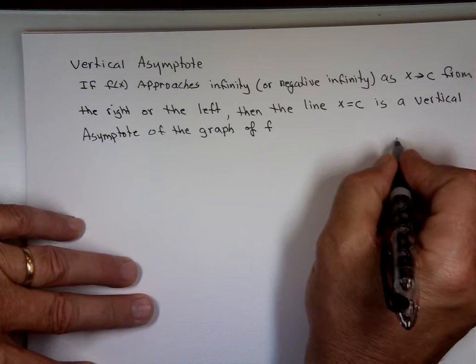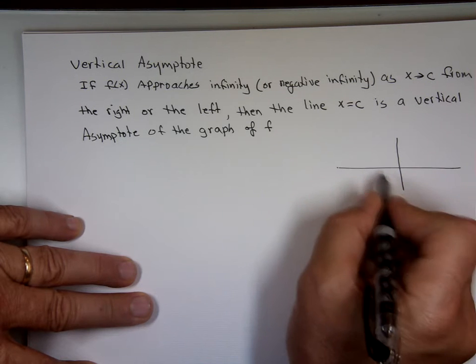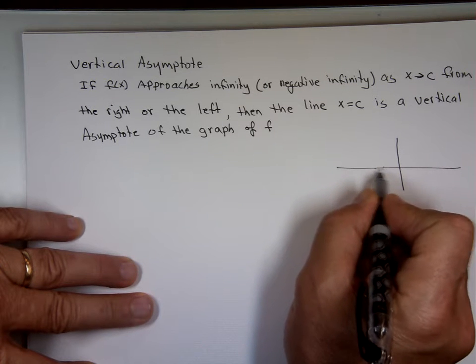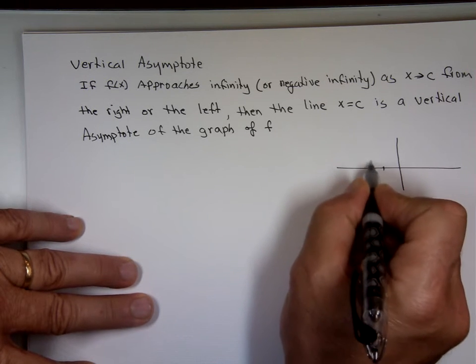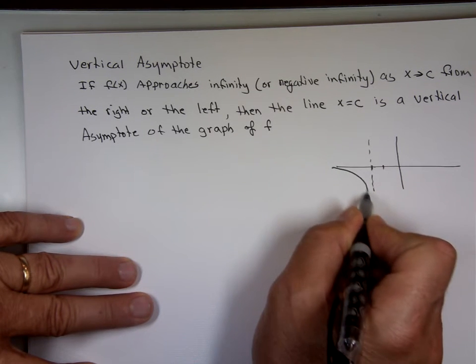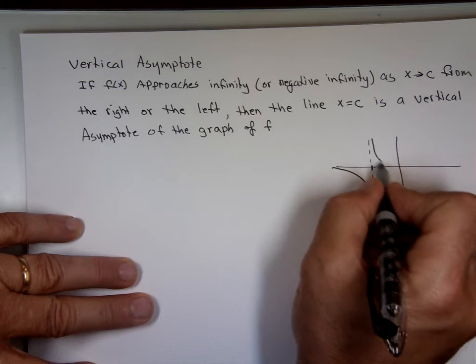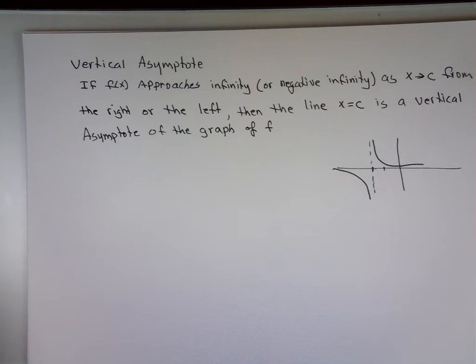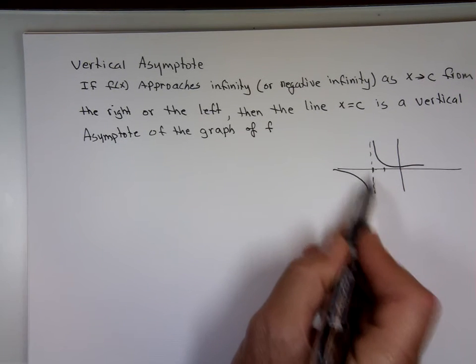Again, I have this picture. Let's say my function looks like this. Notice this is x equals what? Negative 2.